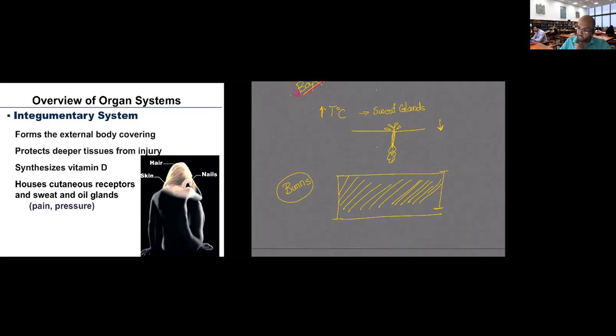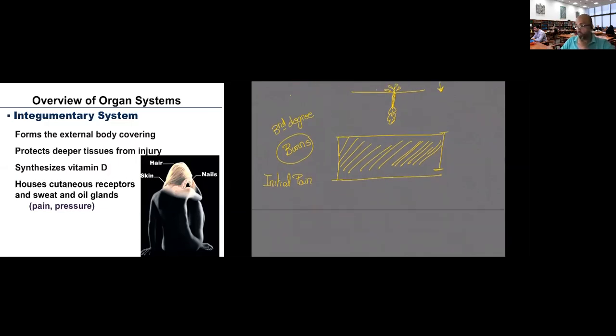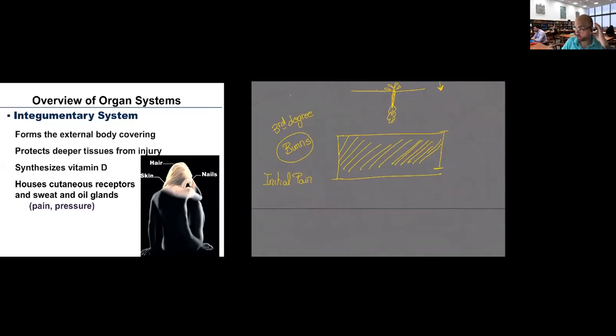Do I have an initial pain? Do I feel pain at the site of a third-degree burn? Third-degree burn is the type of burn that occupies the whole thickness of the skin. Do I have pain at this specific site where I've got the third-degree burn?